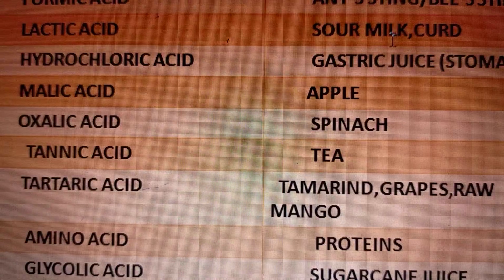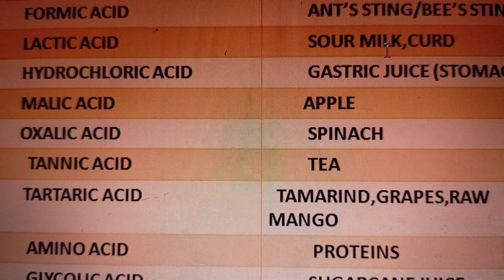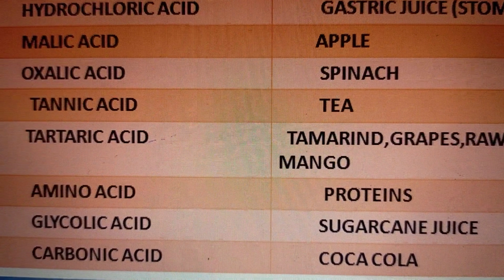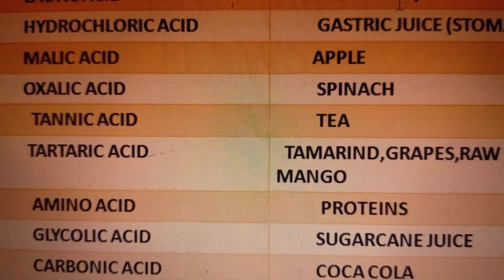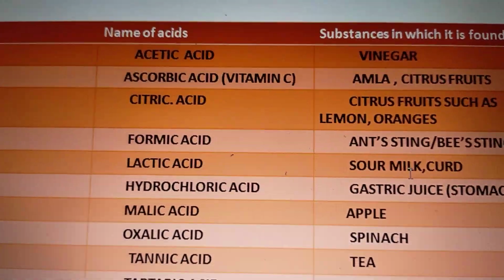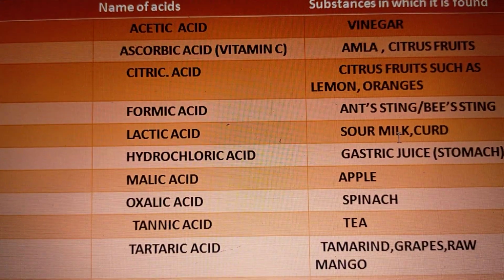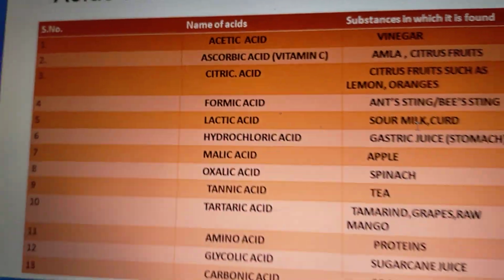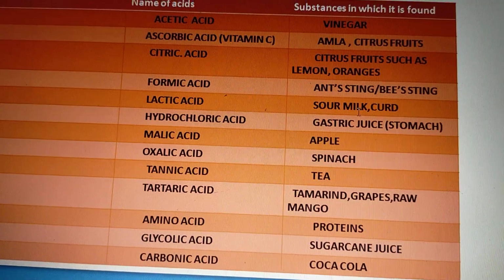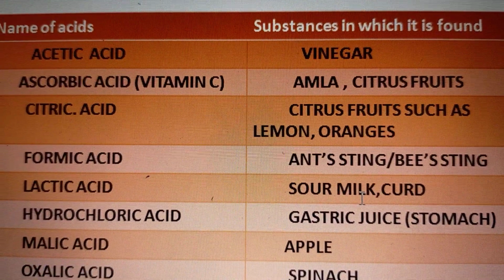Amino acids are present in proteins. Then glycolic acid is present in sugarcane juice. Carbonic acid is present in Coca-Cola. Clear? So you have to make this table in your class copies, and then you have to learn it properly, which acids are found in which type of food items. So see the table again properly. I am showing you by taking it closer.